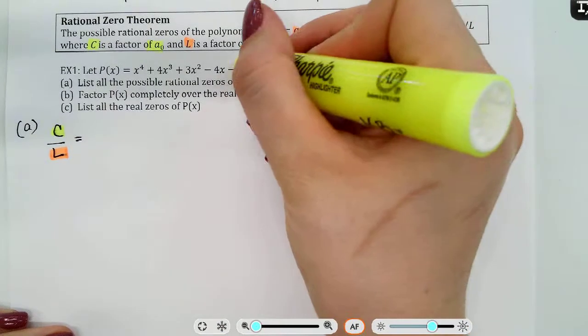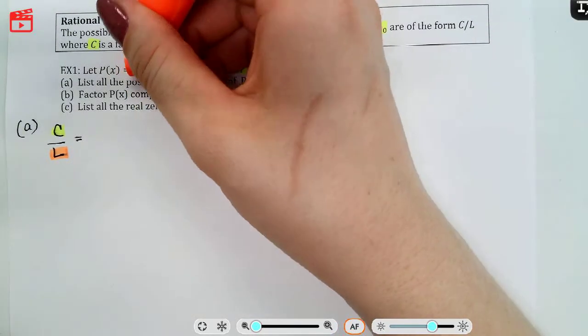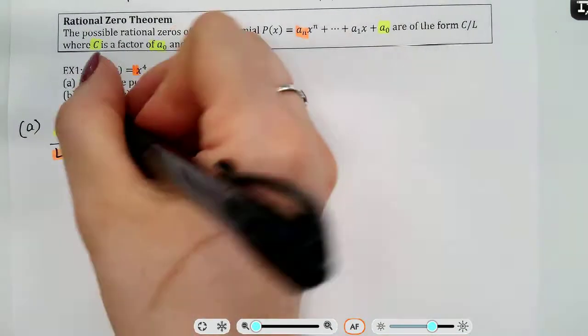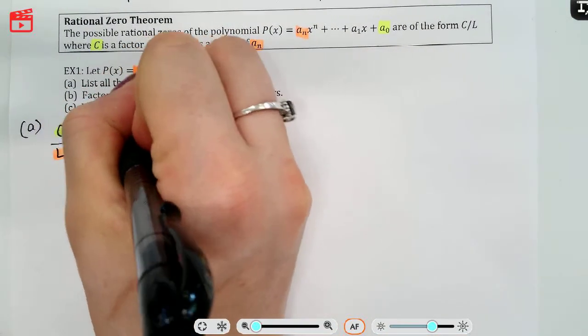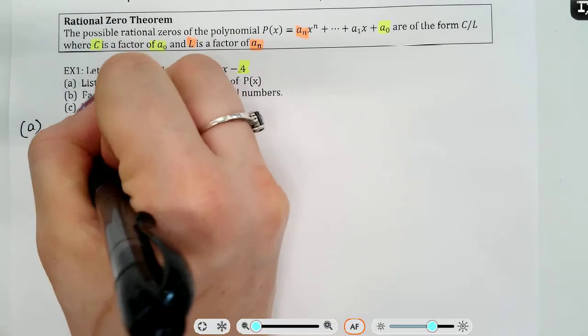I'm just going to take 4 because I'll tell you why in a second. And then L, remember, we have that invisible one that hangs out in front of the x. So c is going to be factors of 4, and L is going to be factors of 1.